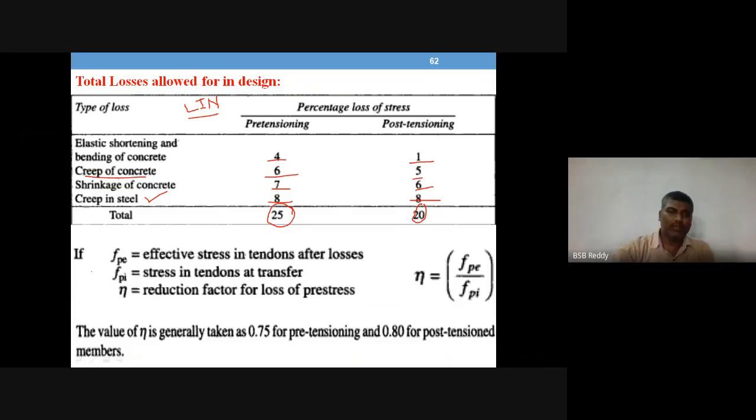Okay. So eta is a term which is introduced like a reduction factor for loss of pre-stress. Reduction factor, which is effective pre-stress divided by stress in tendon at transfer. That is this one.